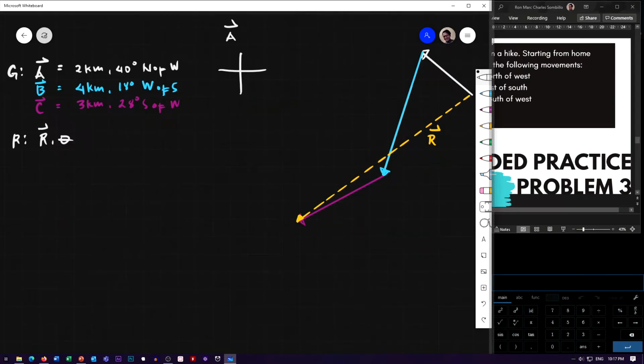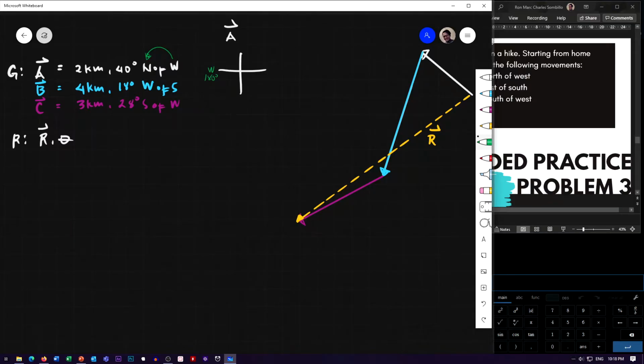So for this first one, we have 40 degrees north of west. As per the review, if you watched it, you're going to start from the western direction. This is west, right? So that's 180 degrees. You're going to turn 40 degrees going to the north. If you read the grammar, north of west means starting from the west side, you're moving northward.